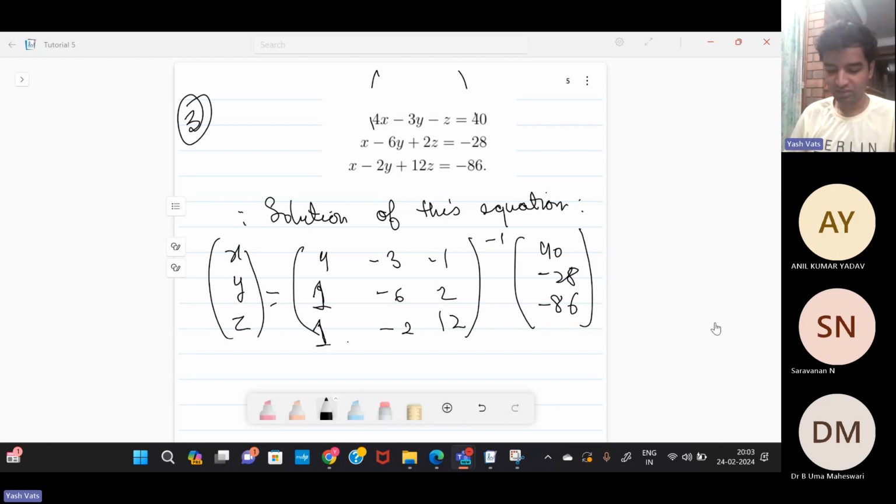Wait a second, let me check it. Just the inverse of the system of equations. The equation is 4x, and you can use any calculator.